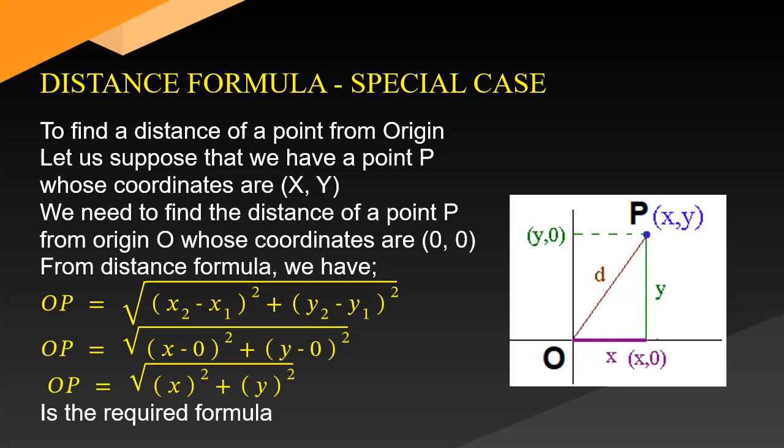So from the distance formula, OP equals under root of (x2 minus x1) whole square plus (y2 minus y1) whole square, we substitute x2 equals x, x1 equals 0, y2 equals y and y1 equals 0. So we get OP equals under root of x square plus y square, which is the required formula for finding the distance of a point from the origin.